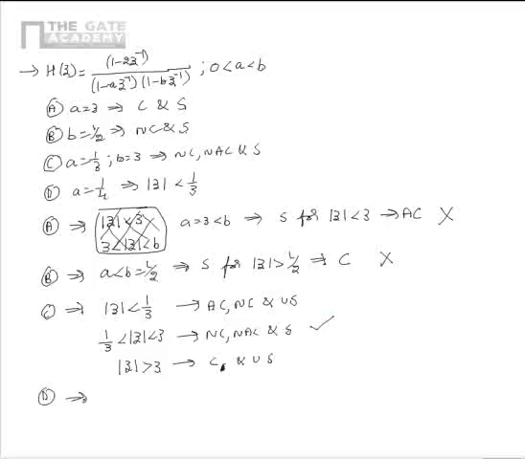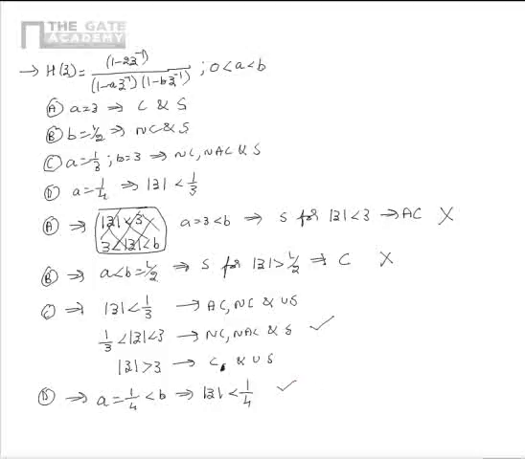However, if we consider option D, in which it is given that a = 1/4, which is less than b, here we know that |z| < 1/4 is a possible ROC of the system.